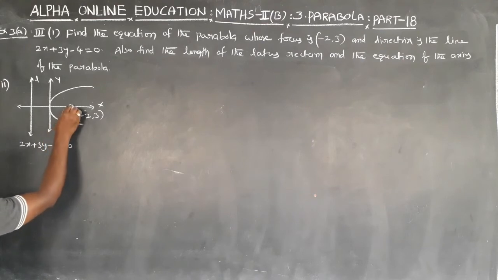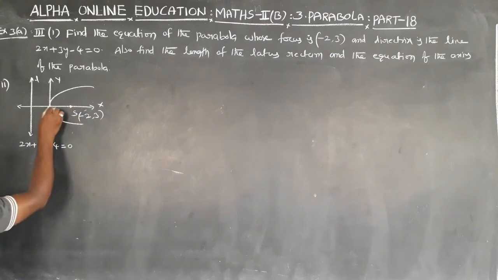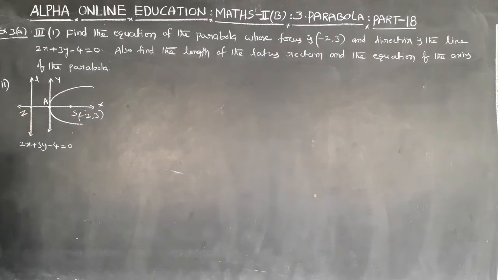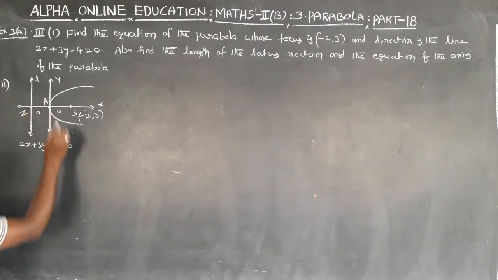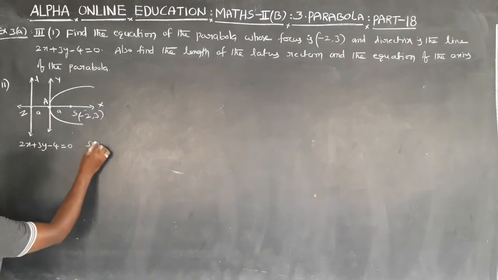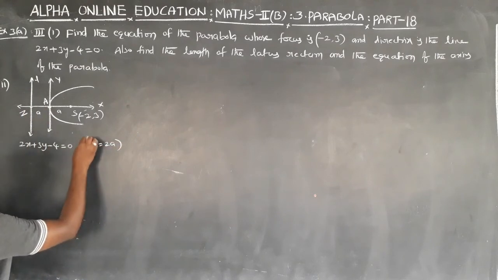This is the focus S, this is the vertex A. This is the Z. Here SA is equal to AZ is equal to a. So SZ is equal to 2a.